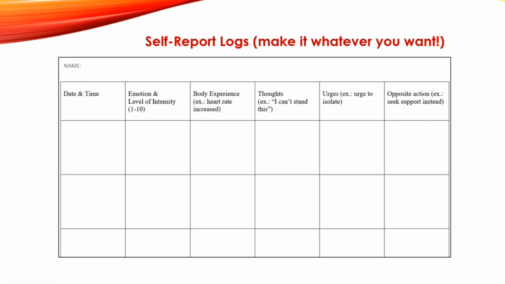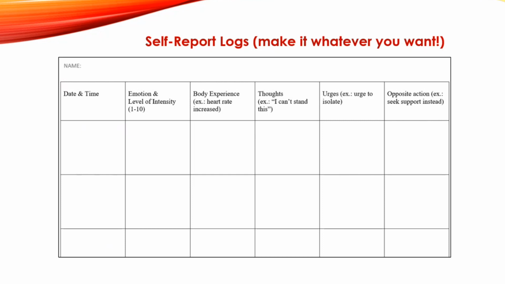You can also use self-report logs as a way to determine a person's baseline measure. This is a random self-report log that I created with a client years ago to just track a DBT log for using the opposite action technique for their unhealthy urges. This was a person that struggled with self-harm behaviors. I mean, you could turn this format of a log into whatever you wanted.